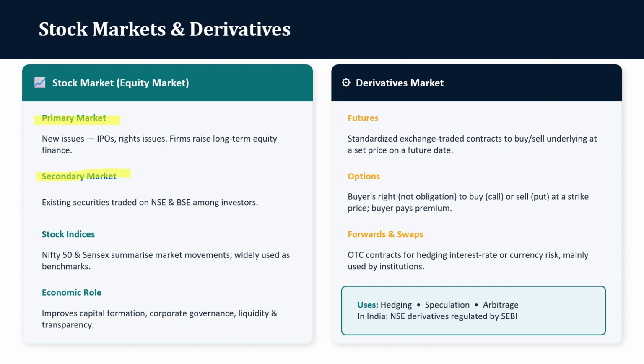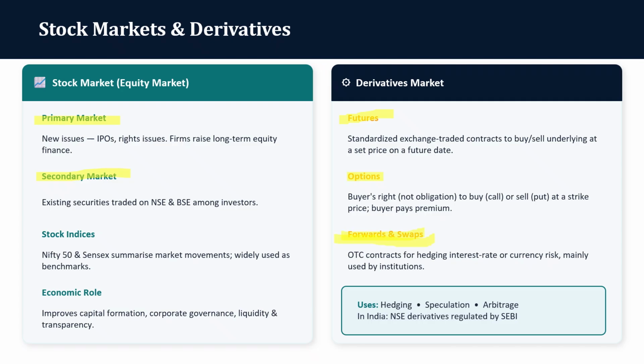Now, let us go through the derivatives market. Derivatives are financial instruments whose value is derived from an underlying asset, such as a stock, index, commodity, or currency. The common derivatives we know are futures, options, forwards and swaps.